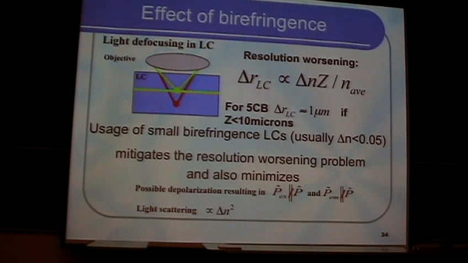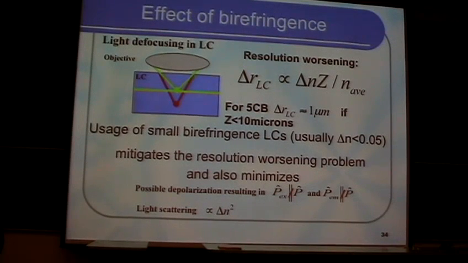Moreover, for many studies it's possible to use liquid crystals of relatively low birefringence, for example, materials which have delta n smaller than 0.05, and this mitigates the resolution worsening so that much thicker samples can be imaged using this approach.